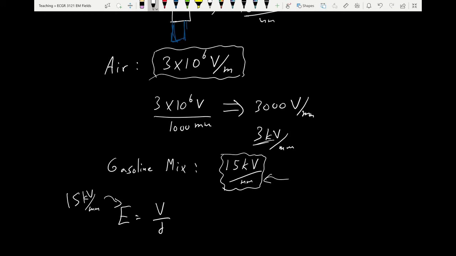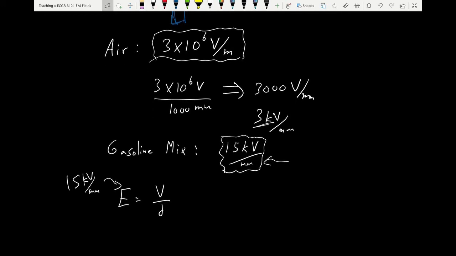That's the electric field intensity required to break down the gasoline mixture, right? So what should the distance be if the voltage is actually not 20 kilovolt per millimeter, but it's faulty, it's only 10 kilovolts per millimeter? What should the new distance be?